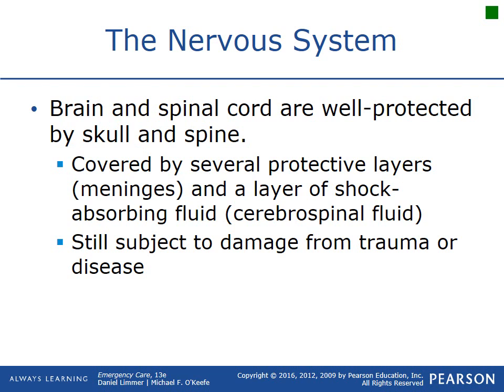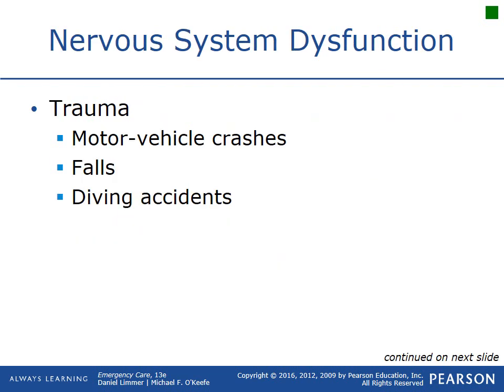Those baroreceptors, the pressure receptors, are losing their signals, so the vessels will dilate because they don't know what size they're supposed to be. The nervous system being your spinal cord and your brain, any damage of those, you can imagine, could really screw up a lot of stuff. Generally, trauma is what is causing all of that.